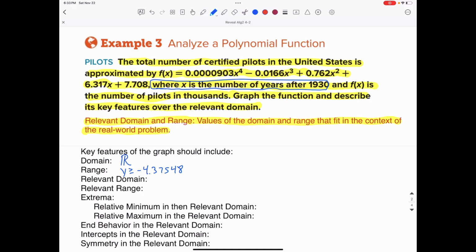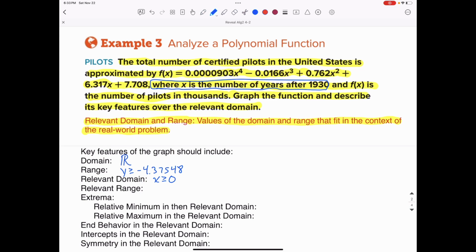So we need to go to the graph and see where. Since we can't go backwards in time, the absolute lowest value of x is going to be x is greater than or equal to 0, and that is going to be the relevant domain. The relevant range is going to be based upon the relevant domain.